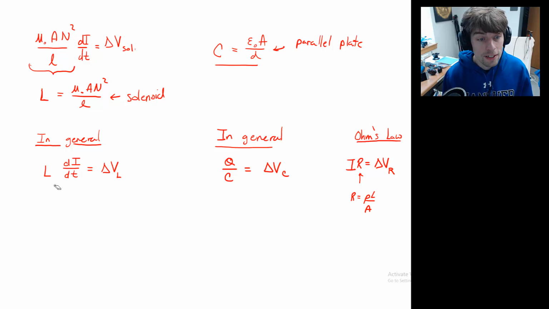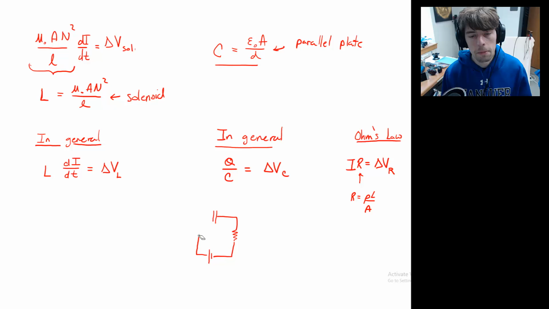Cool. We'll point out a couple of other things. For example, when we are dealing with an RC circuit, say we have an uncharged capacitor and we hook it up with a battery.